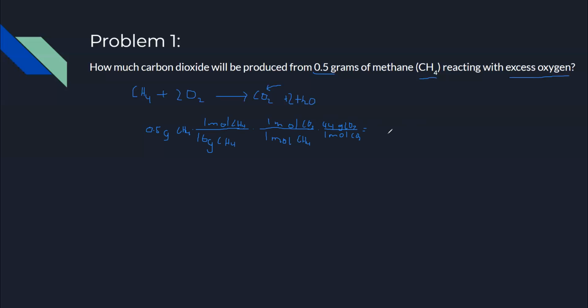So 0.5 grams divided by 16 equals 0.03125, times 44 equals 1.375 grams CO2. And this is a basic problem of stoichiometry, but it's fundamental in order to get to the higher level stuff. So let's go on to the next problem.